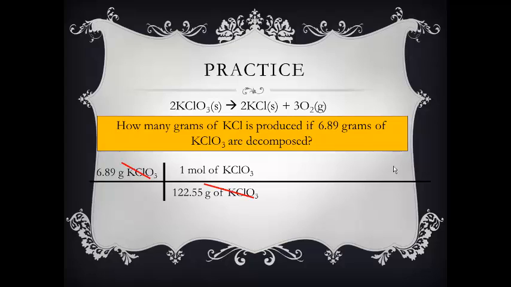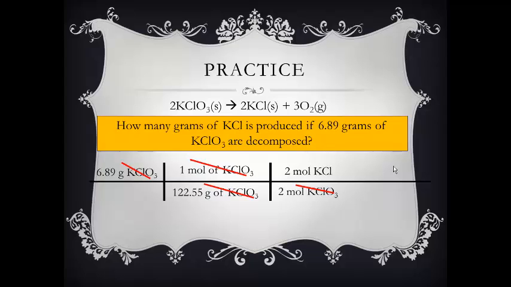Grams cancel. So that's great. Now we have moles. We're in mole land, but we want to take a transfer. We're in potassium chlorate. We want to transfer to potassium chloride. Looking at the coefficients, the 2 to 2 ratio, or 1 to 1. So 2 moles of KCl is 2 moles of KClO3. Moles of KClO3 cancel, and now we have KCl.